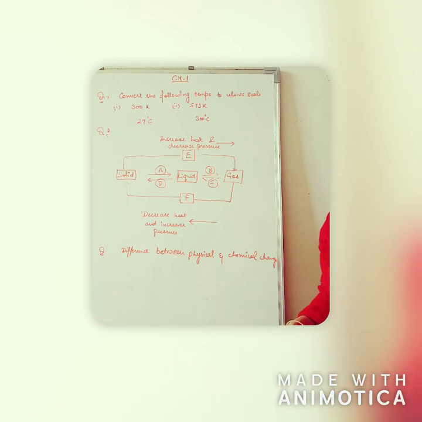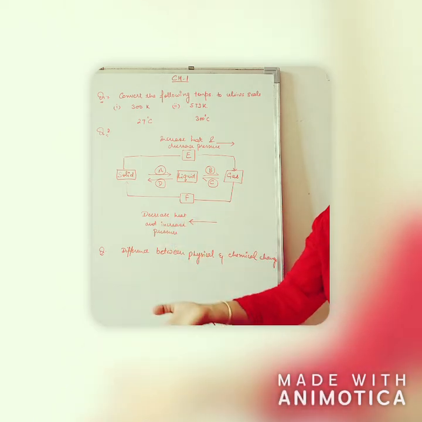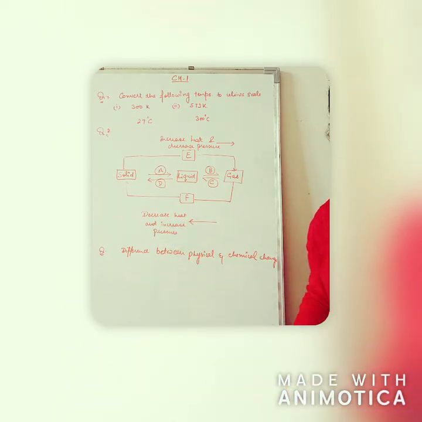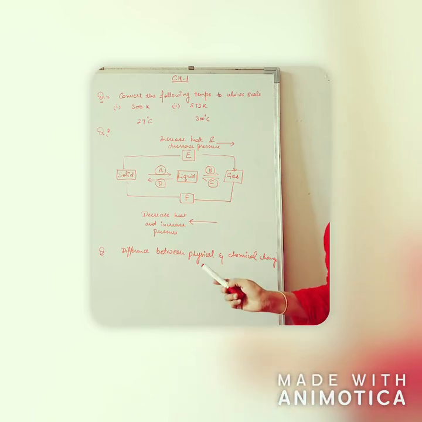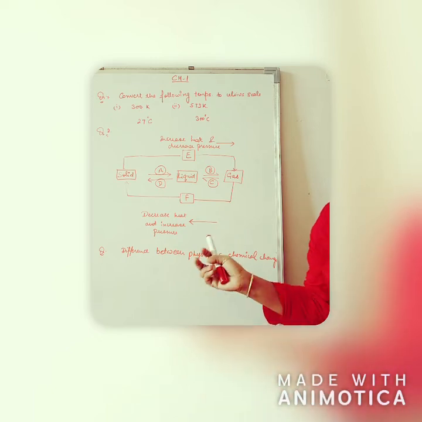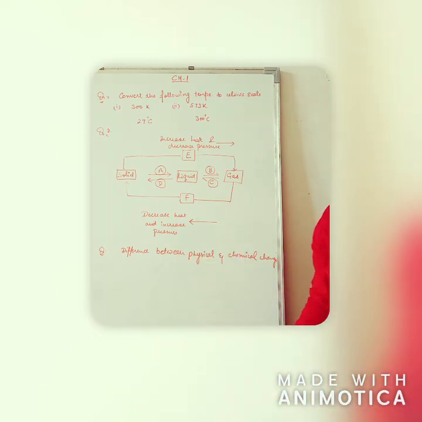But during chemical change, reactants give you the product, that means new substances are formed. Next, in a physical change, no change in mass is observed, but in a chemical change, there is a change in mass of reactants and products, though as a whole it is conserved. Next, the energy changes observed are small, but in chemical change we can see the change in terms of exothermic and endothermic reactions.